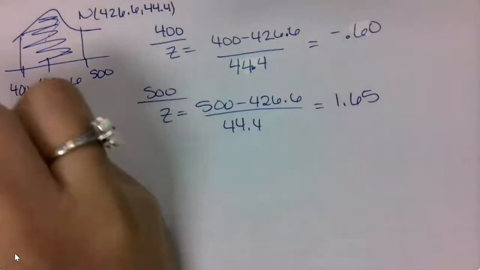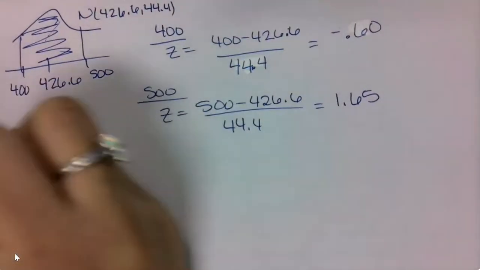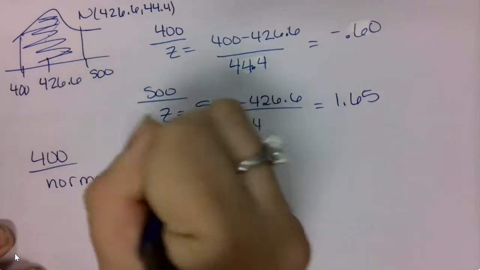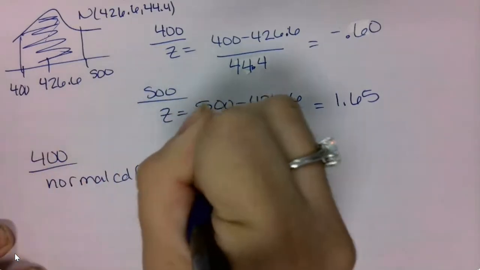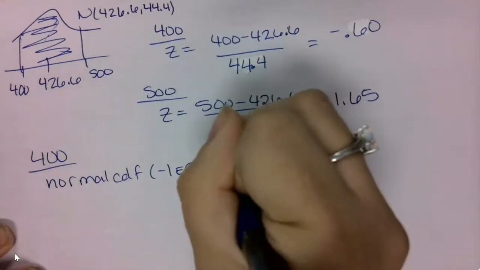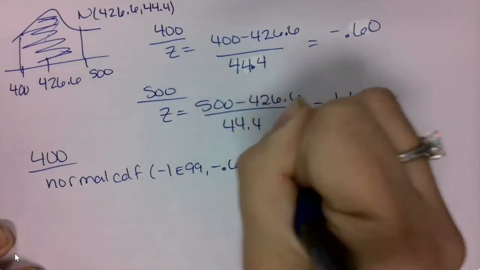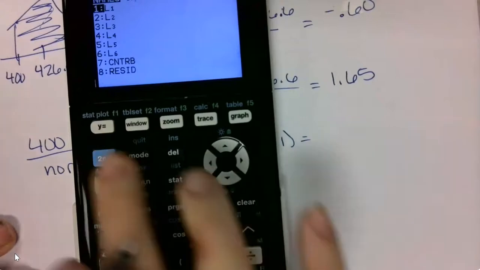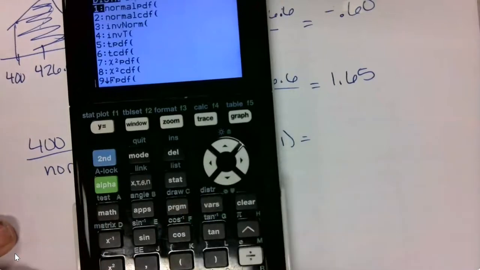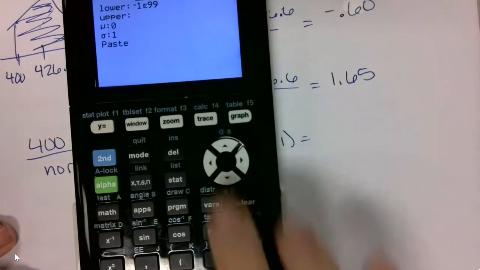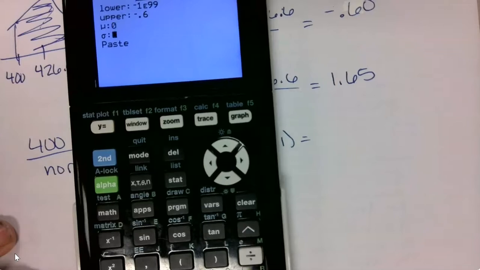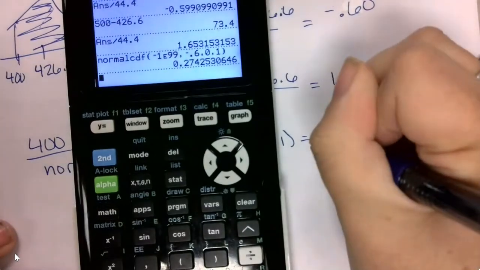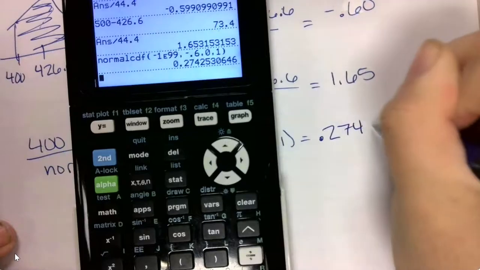Then I want to go figure out my areas for both of these. So for my 400, I'm going to do the normal CDF, negative 1 E 99, comma negative 0.60, comma 0, comma 1. To get that on the calculator, I go second vars, and I choose choice 2, which gives me 0.2743.